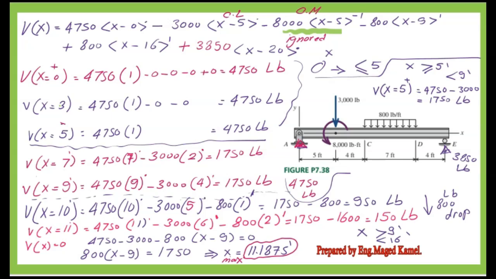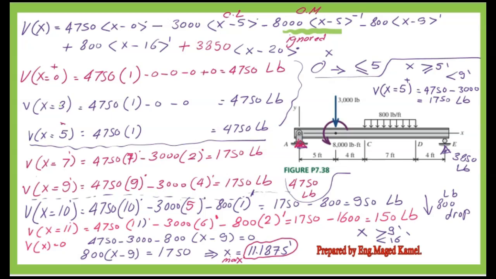It will be 4,750 multiplied by 10 raised to the power of 0, minus 3,000 multiplied by 5 raised to the power of 0. We will include this fourth item, minus 800 multiplied by 1 raised to the power of 1. So we have 1,750 minus 800 equals 950 pounds.